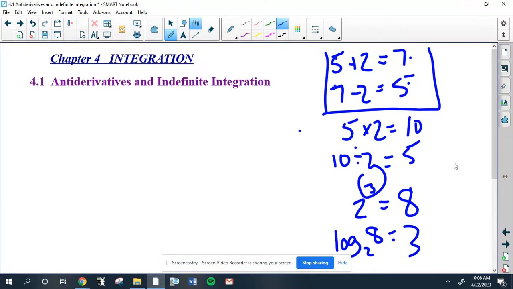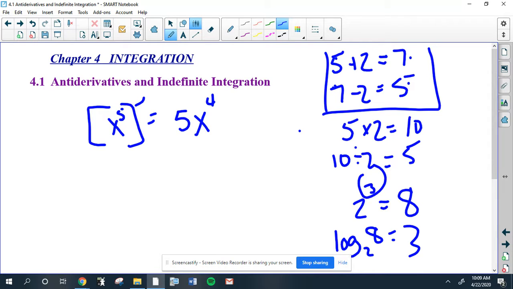They undo each other. So integration is an inverse of differentiation. So we learned that the derivative of, say, x to the fifth is 5x to the fourth.